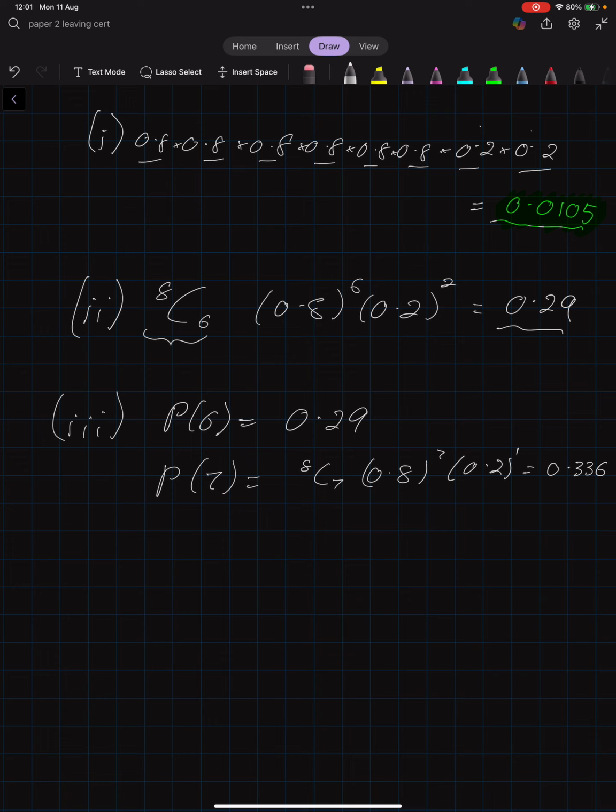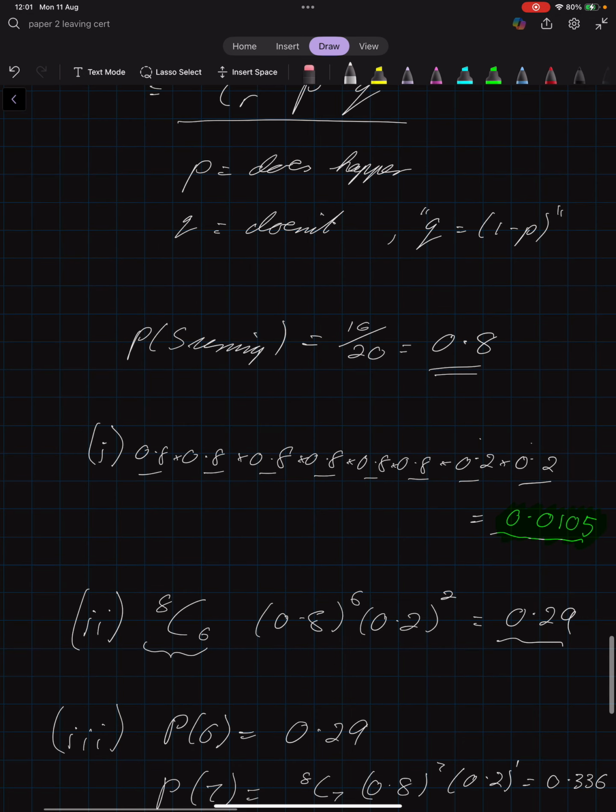So this is going to be 0.336. And then the probability that she scores all 8, well, that's just going to be 0.8 to the power of 8. Because if we go back up here, if she scores all 8, there's no missing, so there's no order you have to worry about. So it's just 0.8 times 0.8 times 0.8 and so on, which is 0.8 to the power of 8.